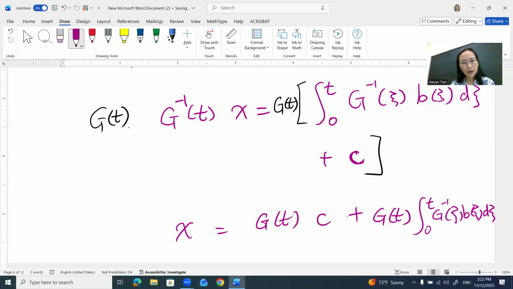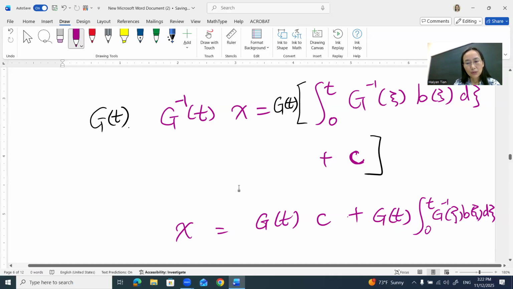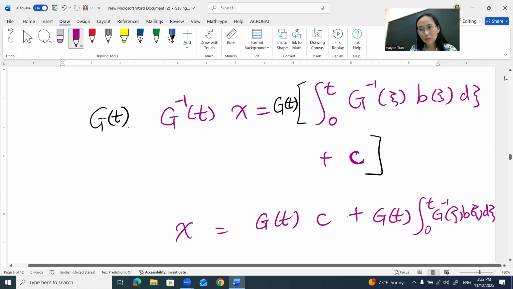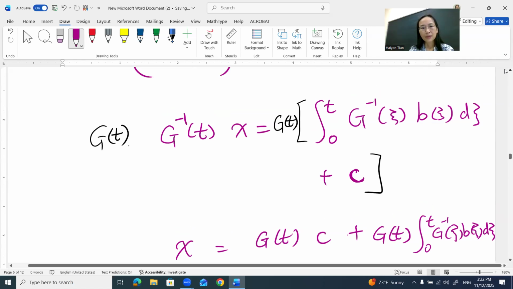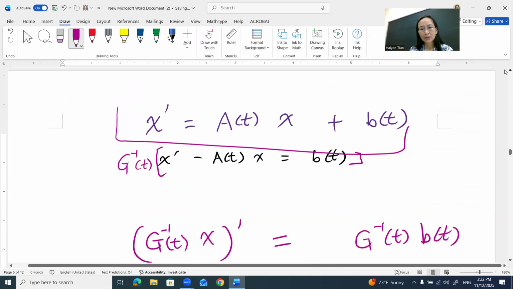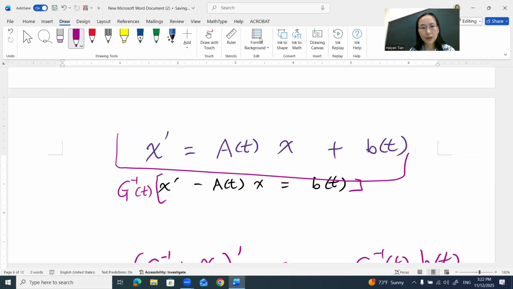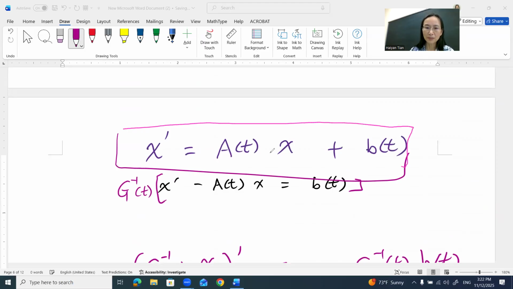So now we have two parts to represent a general solution to the non-homogeneous problem. Don't forget the problem we're solving is this non-homogeneous problem.